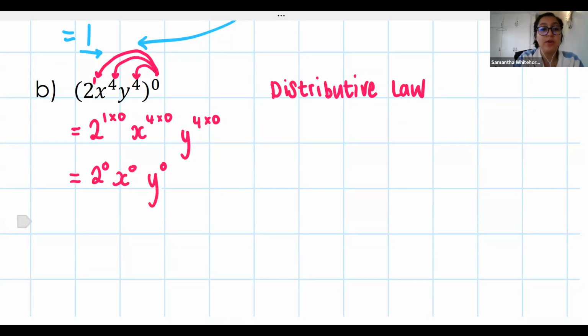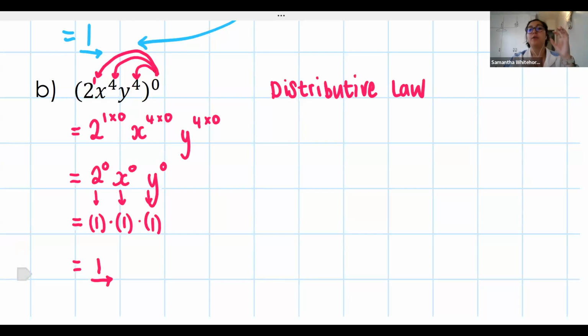But we know that when we've got a value to the power of 0, we have 1. So this 2 to the power of 0 is actually a 1, this x to the power of 0 is actually a 1, and this y to the power of 0 is actually a 1. And so what we have here is 1 times 1 times 1, which is just 1.